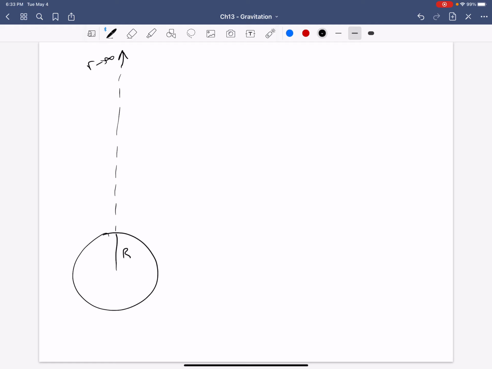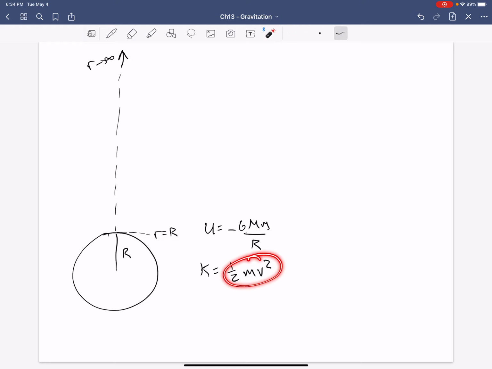All right, so at the start, right here, when R equals R, the potential energy is equal to minus Gmm divided by the radius of that planet, okay? If it's launched from the surface of the planet, the kinetic energy, which is 1/2 mv squared, is the maximum.